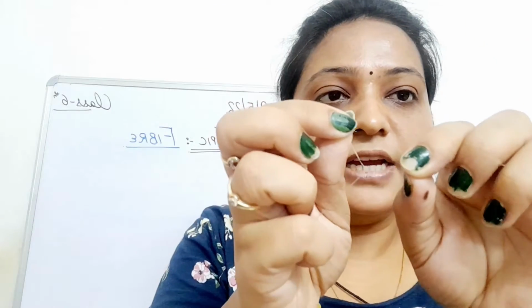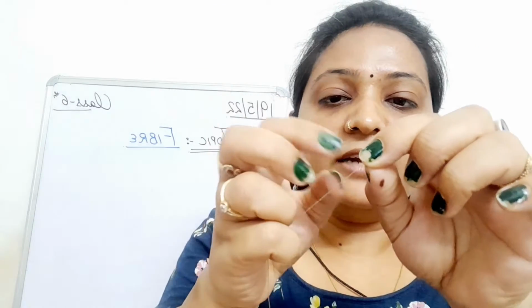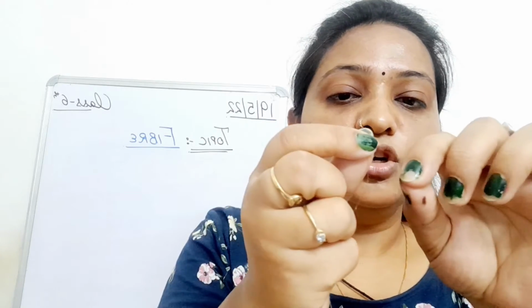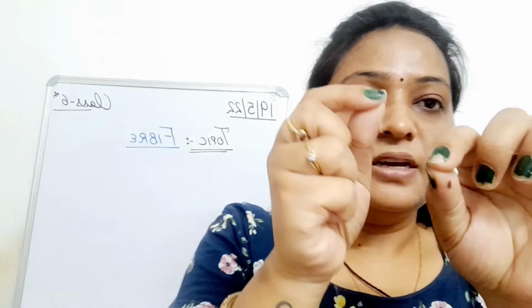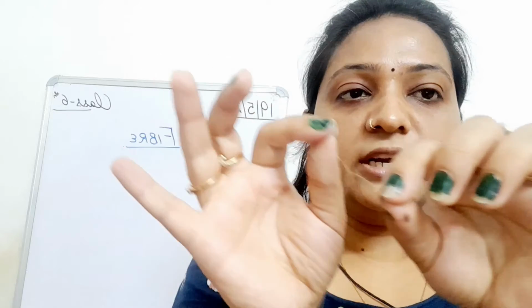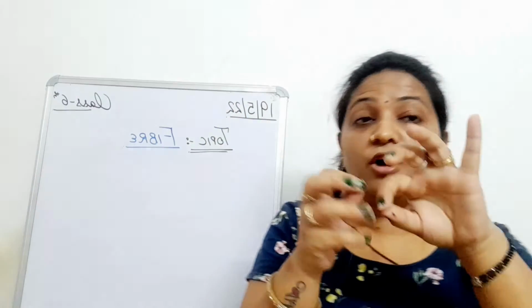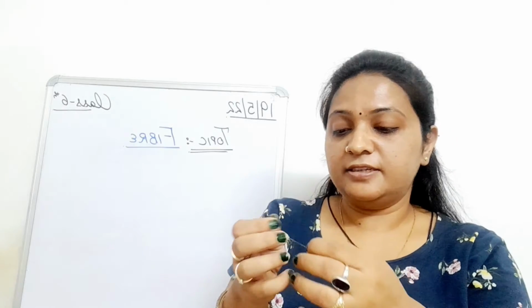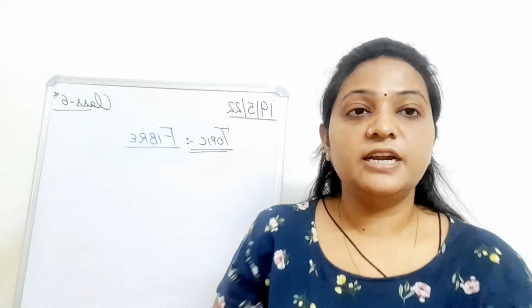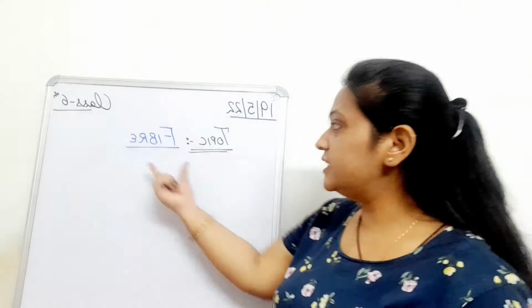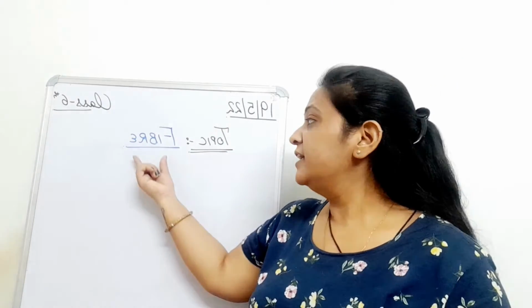This is a single thread, but when I split its end, I got 2 threads, right? So these 2 threads mean that this thin thread is also made up of still thinner threads. These thinner threads are basically known as fibers.